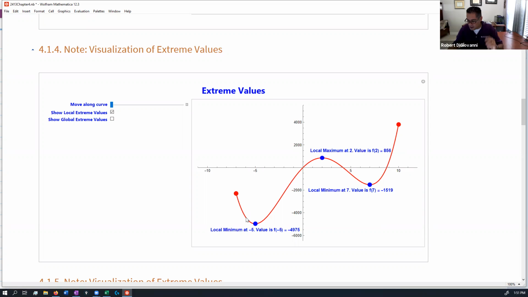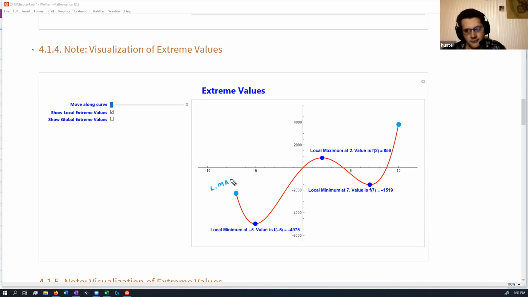Now, because this is on a closed interval, I am missing this and this. Those are both what? Local maxes, right? That's a local max, that's a local max. So we have a total here of 1, 2, 3 local maximums, and we have 2 local minimums. Now, what about global max and global min?